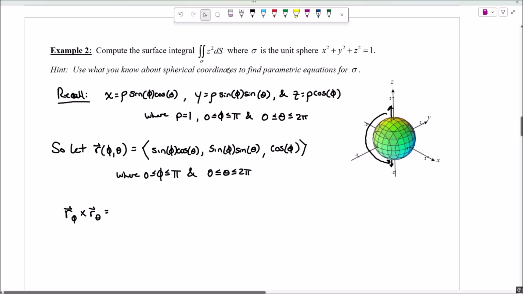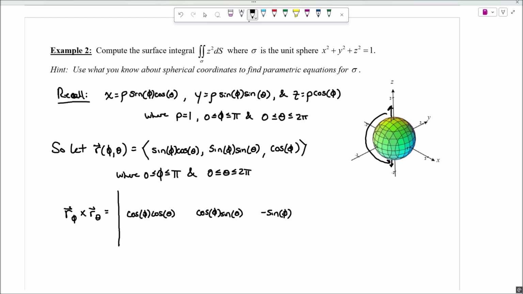Okay, so here's what I would have done in order to compute this integral. I'm going to set up again my cross product. So my partial derivative here is going to look like cosine phi cosine theta, and then cosine phi sine theta, and negative sine phi.